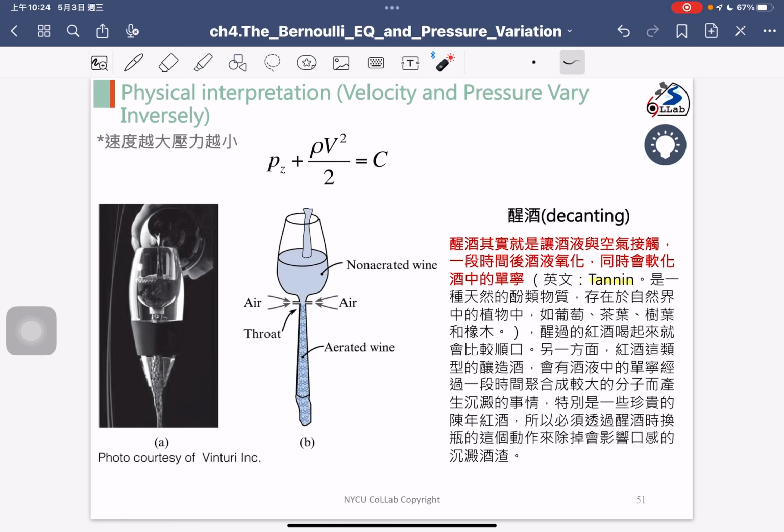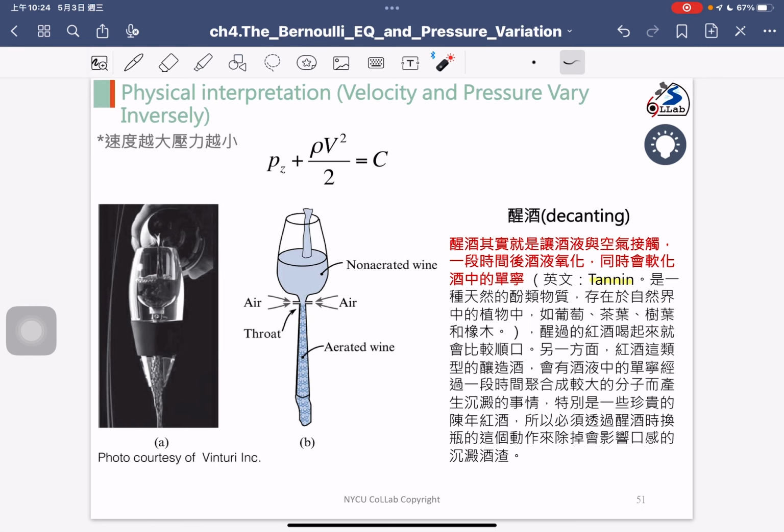And the idea is, if the tannin mixes with the air, the tannin will be softened, 软化, and then the sediment can disappear, and your tasting of the red wine will be improved.